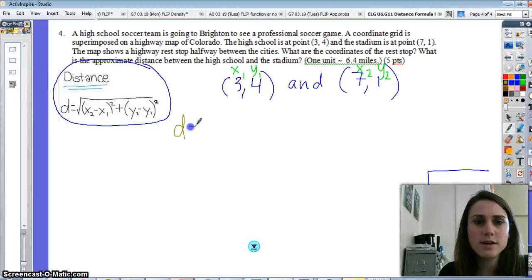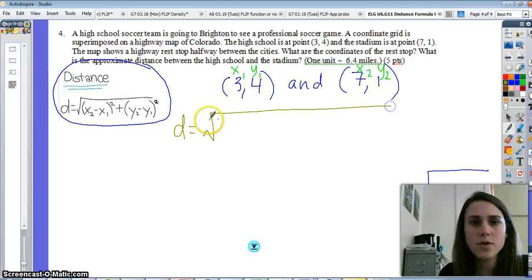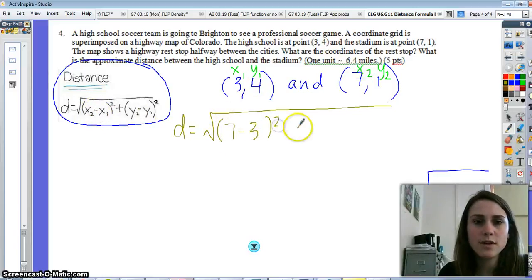Now I'm just going to plug these values into the distance formula. The difference between my x values, x2 minus x1, is 7 minus 3 squared, plus the distance between my y values. That's the second number on each point. y2 minus y1 squared. Simplify.